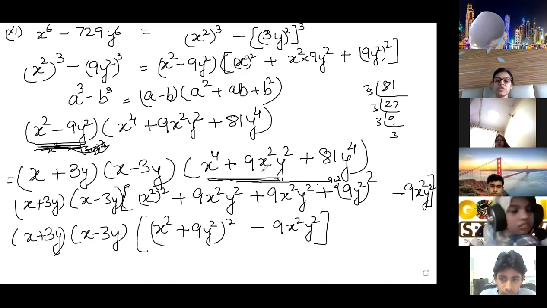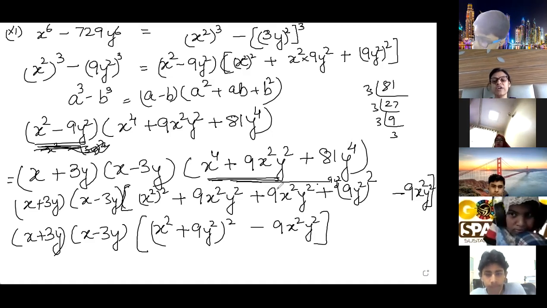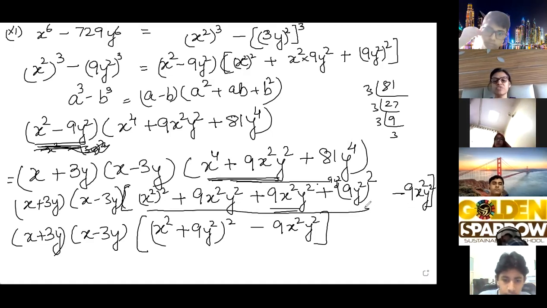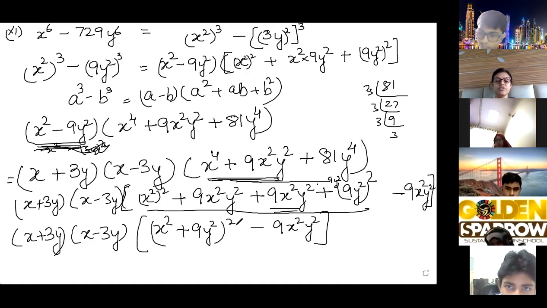But I have 9x square y square in the middle term. To make it 18, I'll add one more 9x square y square, and I will subtract because I added this on my own. So this whole thing becomes a whole square, and this is minus 9x square y square.